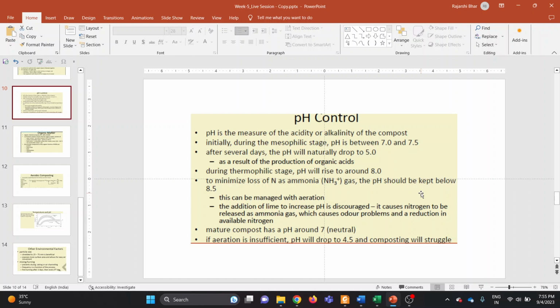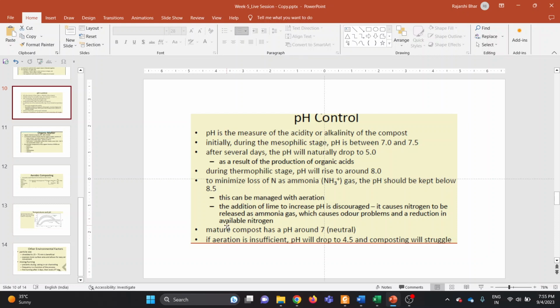So we should keep the pH below 8.5, and this can be done by mixing the compost continuously at regular intervals. If that is not helping, then in certain instances you can additionally add lime, because lime is basically calcium oxide and it increases the pH because it is itself a basic compound.